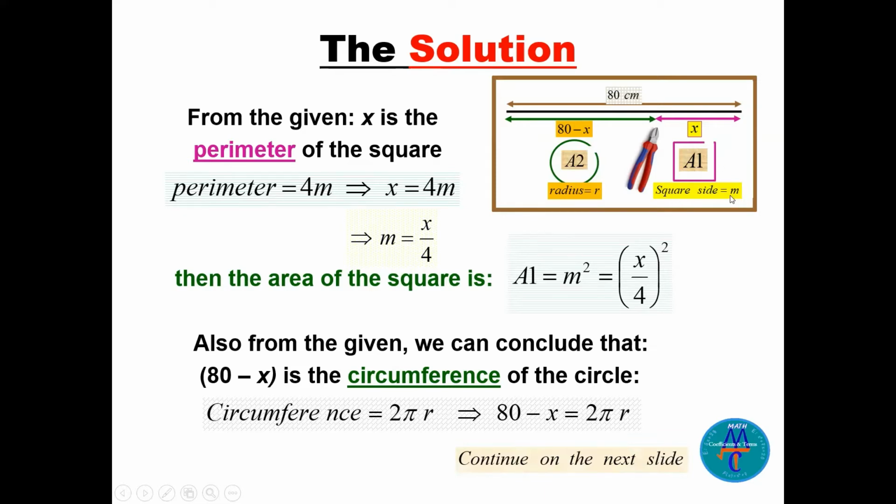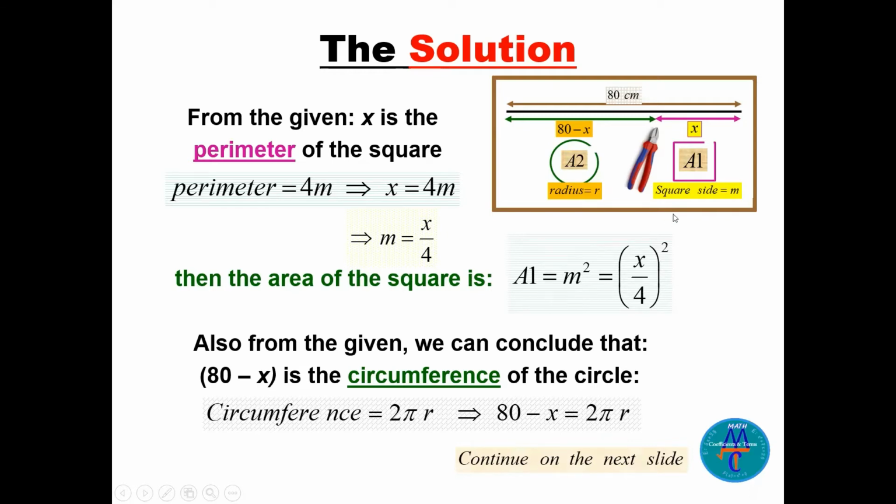So the x is equal to 4m. Let's find m. It will be x over 4. So the area of the square, let's call it A1, will be m squared, which is x over 4 all squared. Let's leave it now. This is area 1.